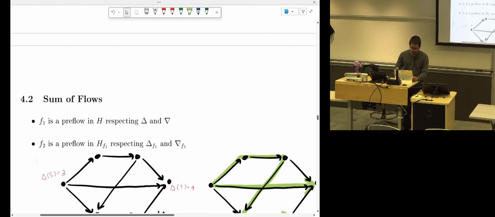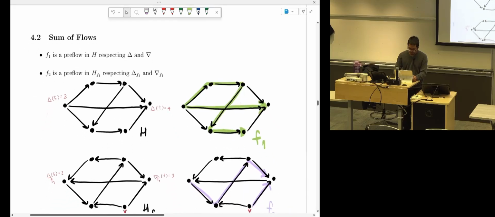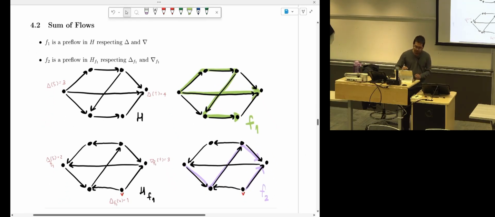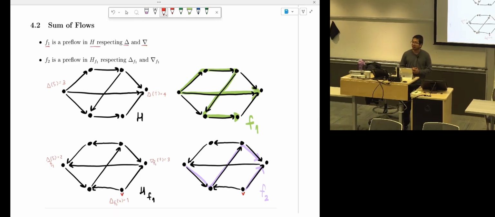Another basic thing is about the sum of flows. Suppose that I have two flows. Let's say that F1 is a flow in H that sends from source to sink. After I send F1, I get a residual graph.